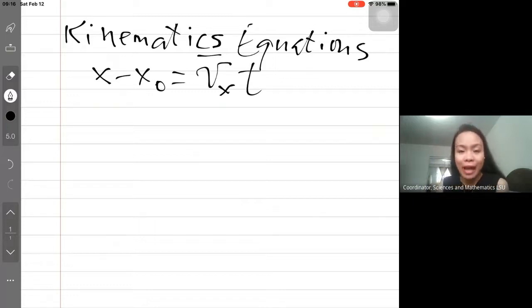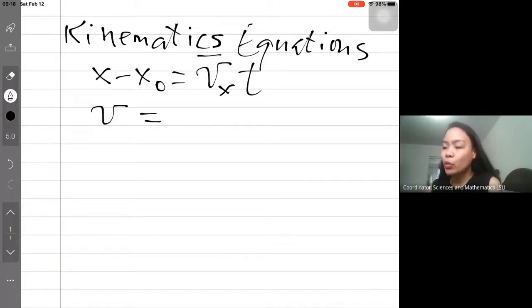Okay, so when we say average speed, that is the initial speed or velocity plus the final velocity divided by 2.